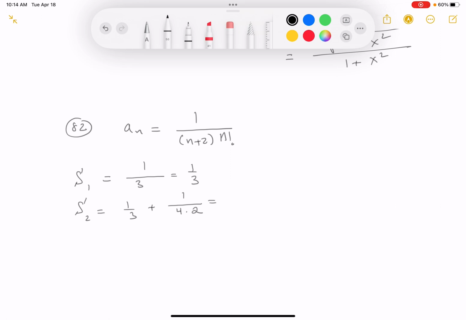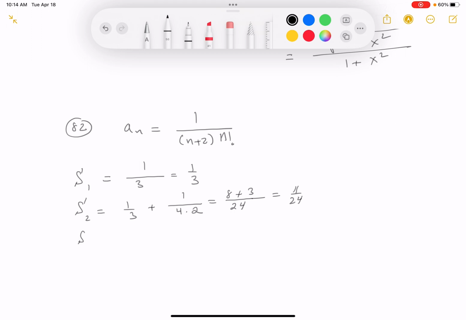I always say, if you add things together, maybe you lose a pattern, but I don't know what else to do. 4 times 2 is 8. 24 is the LCD. Boy, that looks bad, doesn't it? You get 8 plus 3, which is 11 over 24. That's kind of discouraging, isn't it?